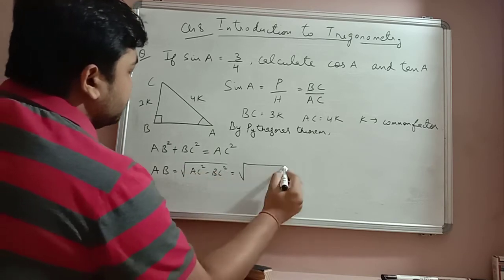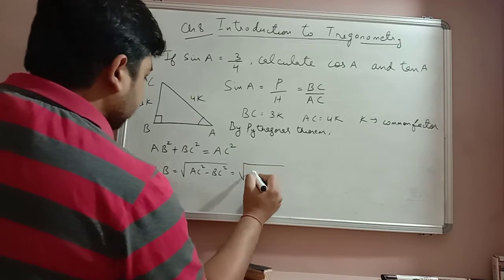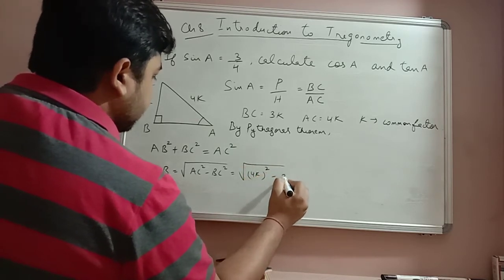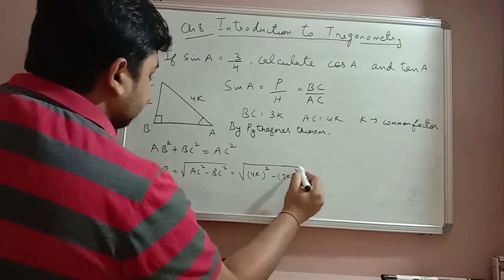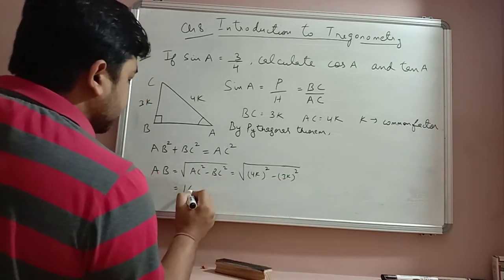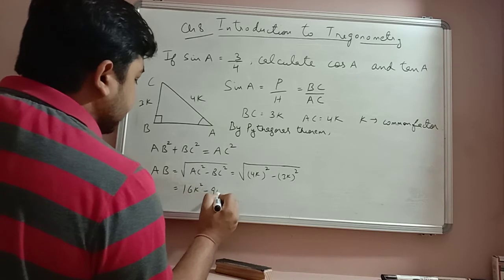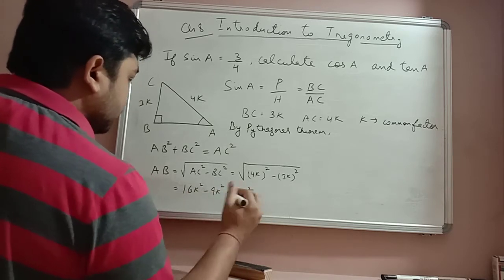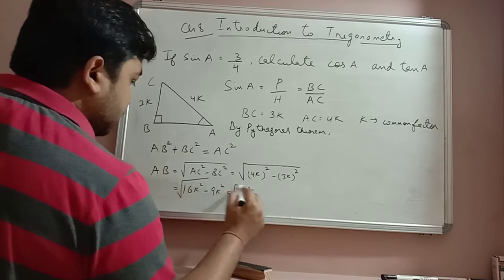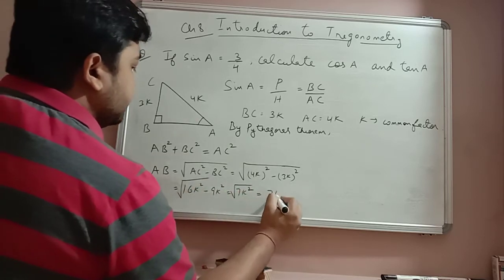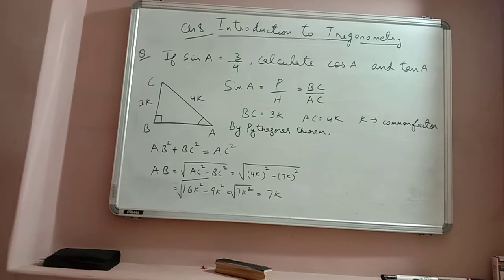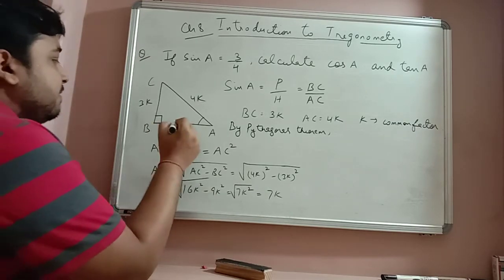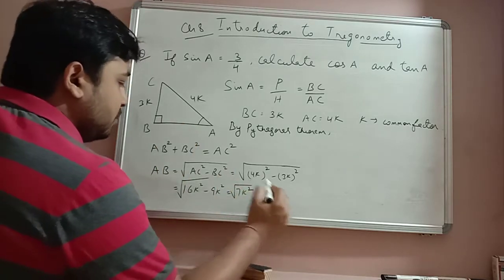This will turn out to be the square root of 4K whole square minus 3K whole square. So this will turn out to be 16K square minus 9K square, which turns out to be 7K square, so which turns out to be root 7K. Side is always positive, so we'll only take the positive square root. So AB is equal to root 7K.